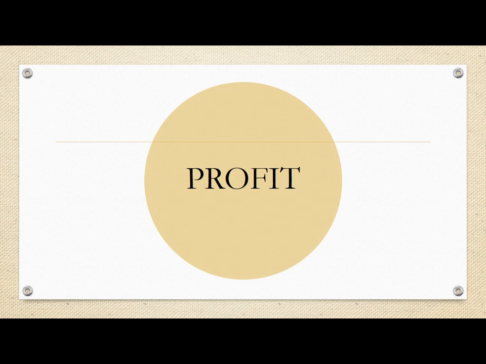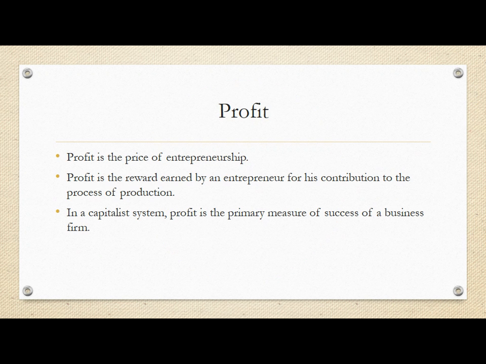Next is profit. Profit is the price of entrepreneurship. Profit is the reward earned by the entrepreneur for his or her contribution to the success of production. In a capitalist system, profit is the primary measure of success of a business firm.